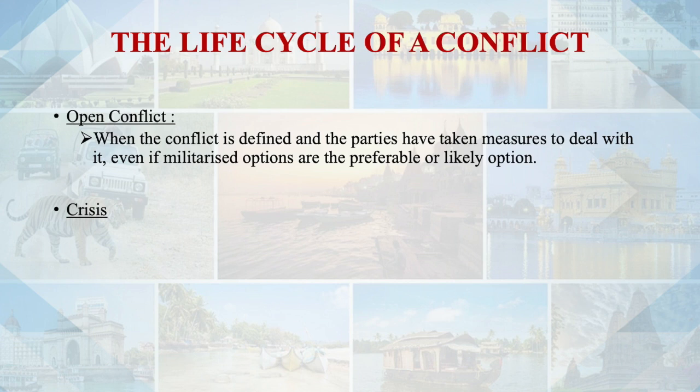From open conflict it escalates into crisis, and finally we reach the level of war. So what is war? When there is widespread and intense violence. So I again repeat, the different stages are stable peace, unstable peace, open conflict, crisis, and war.